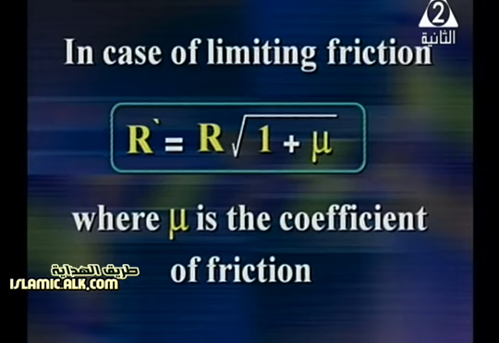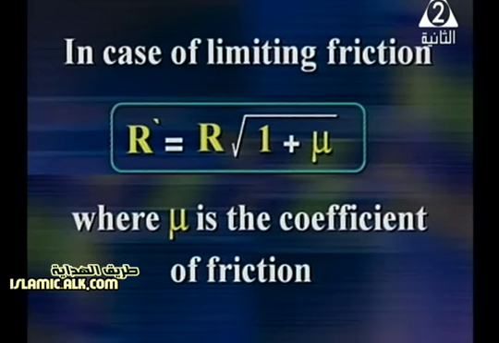Dear student, this equation is very important. R dash equals R times square root of 1 plus mu squared. What is the mu? Coefficient of friction. We have two types of coefficient of friction. Number one, static coefficient of friction.